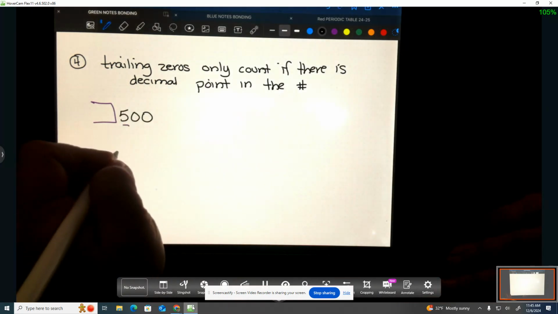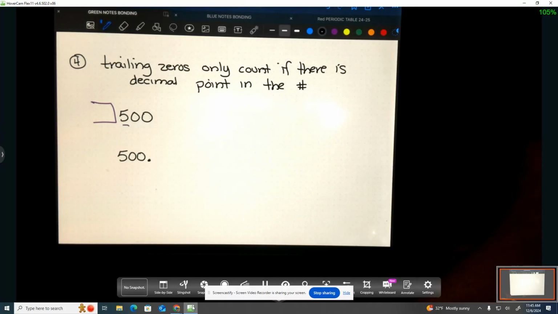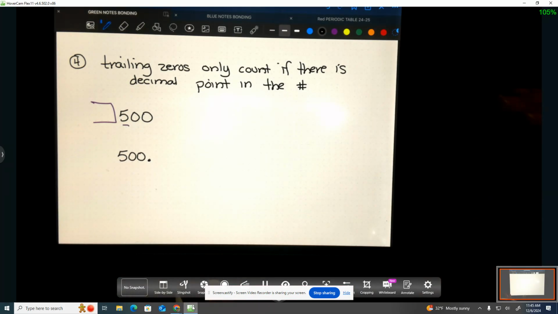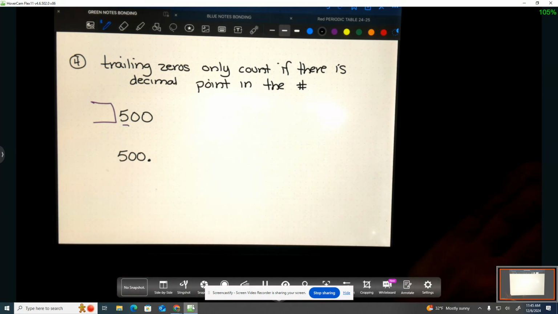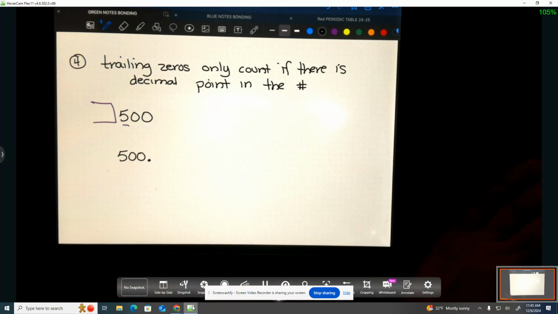If, however, I wrote it like this, now those zeros count. Because what that decimal point is telling you is that the instrument that you used to measure that 500 at least measured these 3 numbers accurately, and that the next number out here is the one that we're estimating. That's what it means.